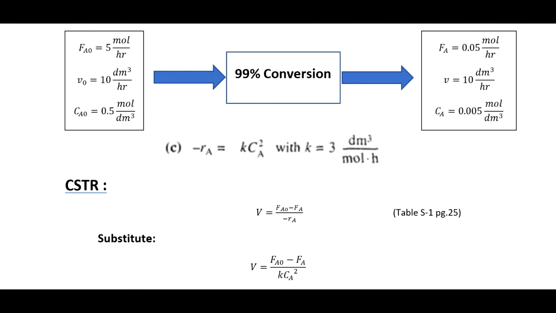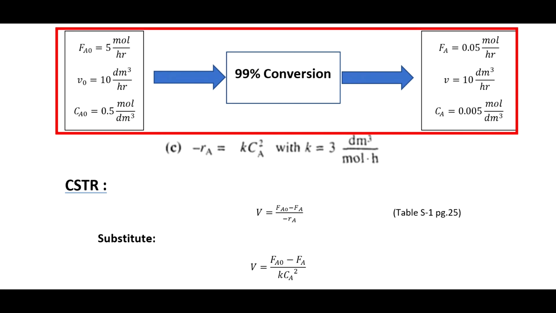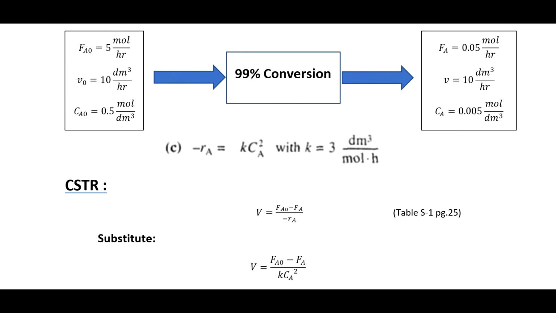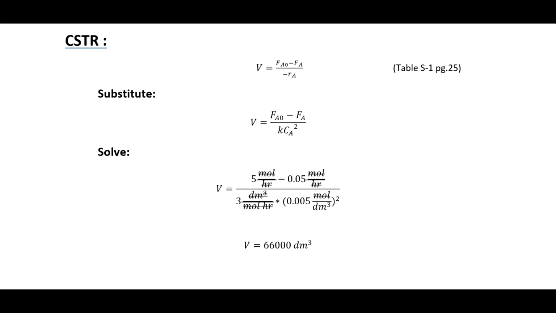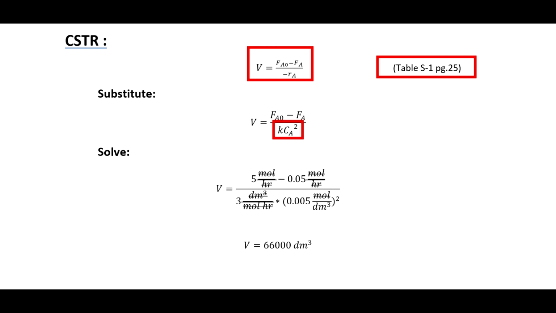Besides that, all of our system is still the same, and we're again going to be doing it for a CSTR and a PFR. For our CSTR, you might notice it's exactly the same setup as the part B solution. We're going to get that formula from table S-1, page 25. As you can see, we have a different rate, and finally, we're just going to substitute it in, making sure we get that squared function, and get a different volume of 66,000 decameters cubed.